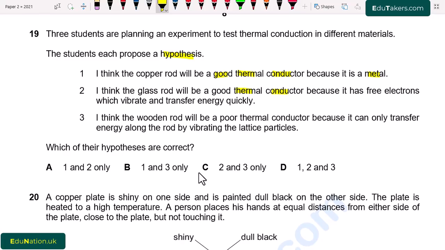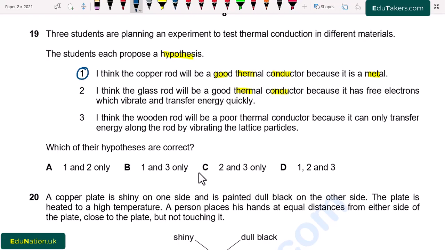So first of all, there are three suggestions that are given by the students. Which one of their hypotheses are correct? We have to circle the correct one. So here, the first suggestion is correct, that the copper rod is a metal, that's why it is a good thermal conductor.